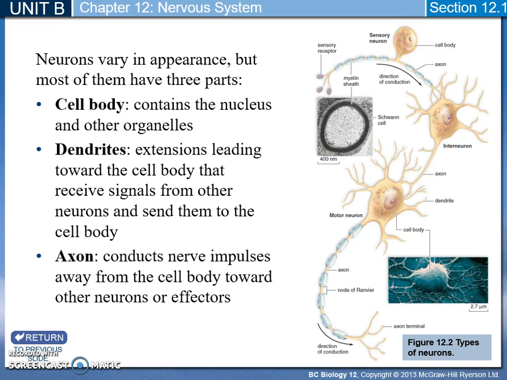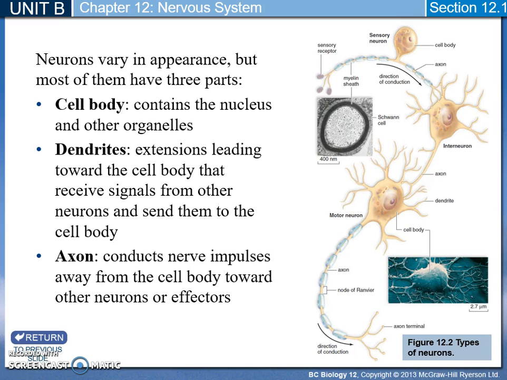So neurons do vary in appearance, but by and large they have three parts. They have a cell body, which contains the nucleus and the other organelles. Similar to any other cell in the body, they require pretty much all of the different organelles that we've talked about before in terms of what cells actually need in order to function.